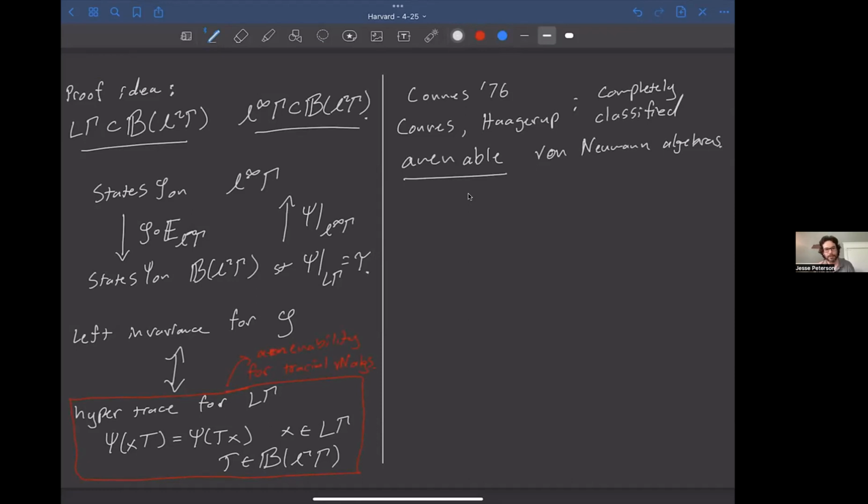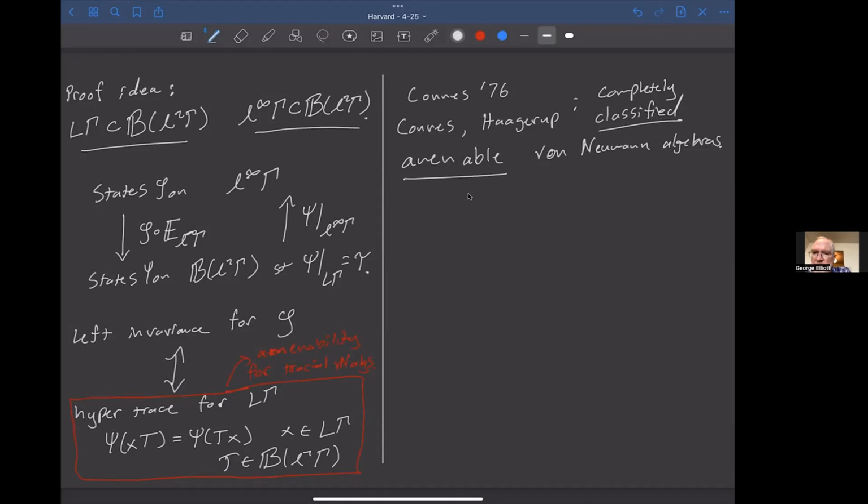And Alain Connes showed that injectivity is the same as being a limit of a union of finite dimensional von Neumann algebras. From this, you can really do a lot of work in the classification. I'm also being a bit vague on what I mean by completely classified. There are certain invariants, but in the type 3-1 case in particular, these invariants themselves might be difficult to classify, if you can call that. But they at least.